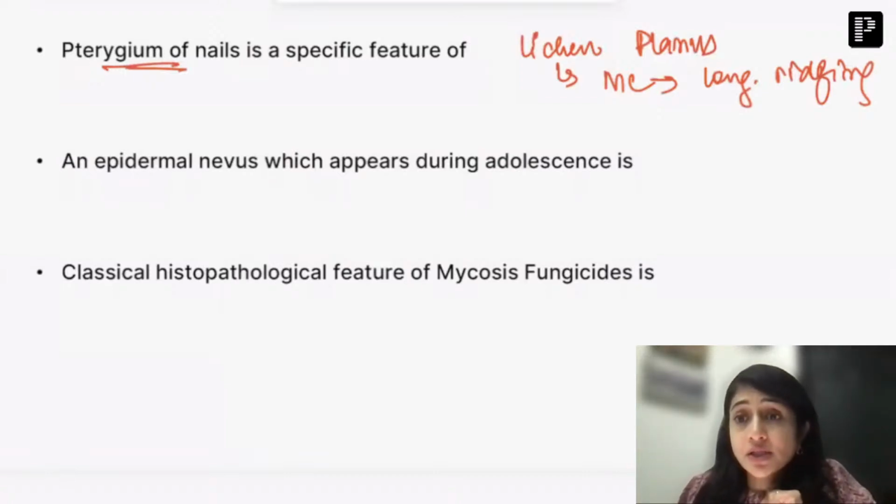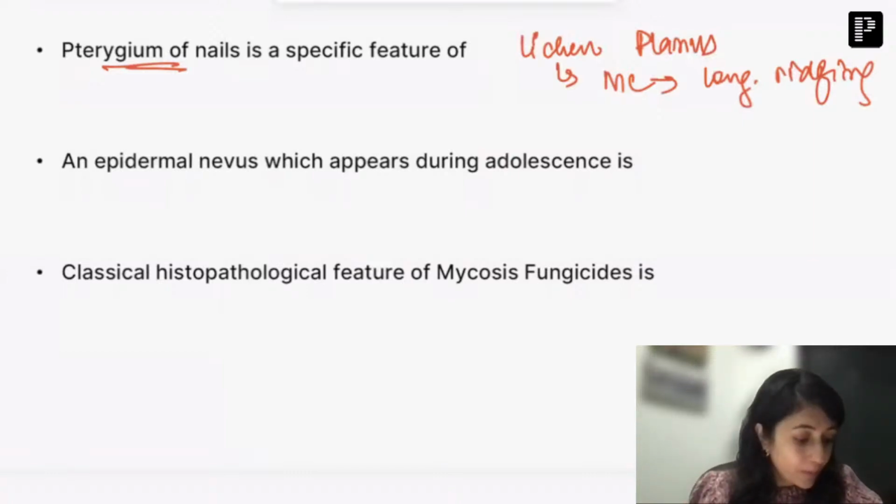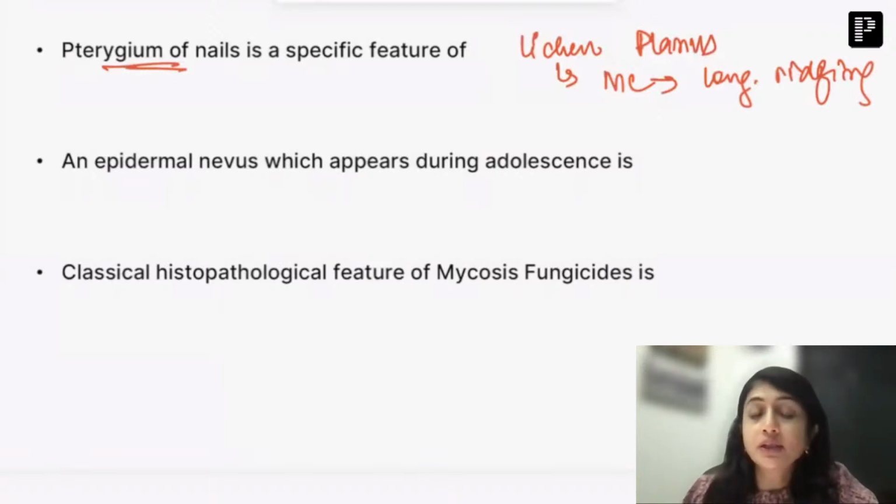So in psoriasis, the most common finding that you see is pits. But the most specific finding for nail psoriasis is the oil drop sign or salmon patch, right? Yes, very good. So it's not fungal infection. You do not see pterygium in fungal infection. For psoriasis, the specific sign is the oil drop sign. For lichen planus, it is pterygium.